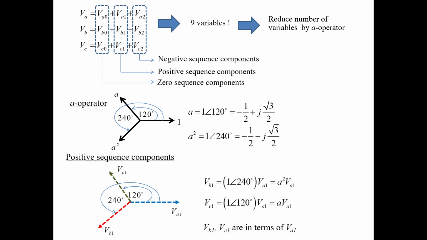Now this is the question. In order to transform the unbalanced phasors VA, VB, and VC, we want to express them in terms of VA0, VA1, and VA2; similarly VB0, VB1, and VB2; and for VC, we want to express in zero, positive, and negative sequence.